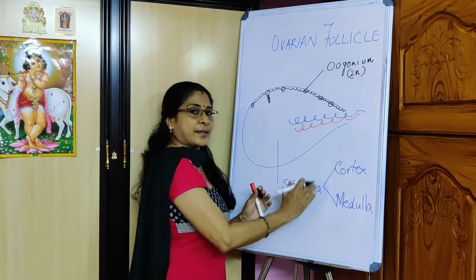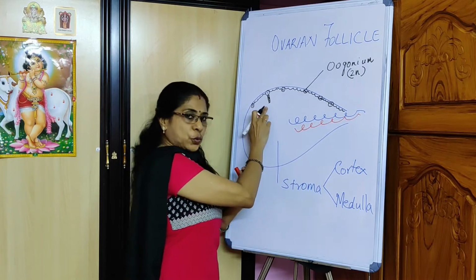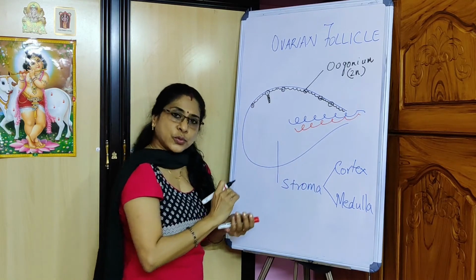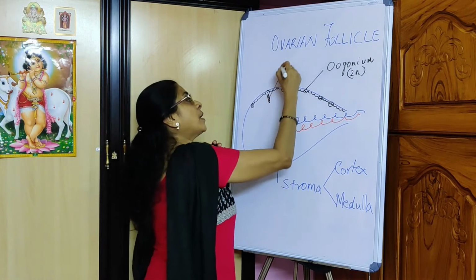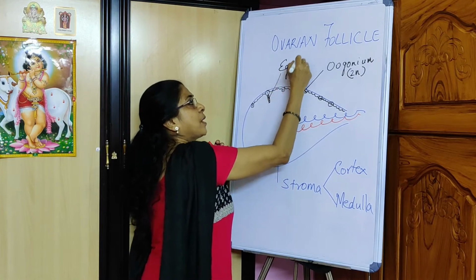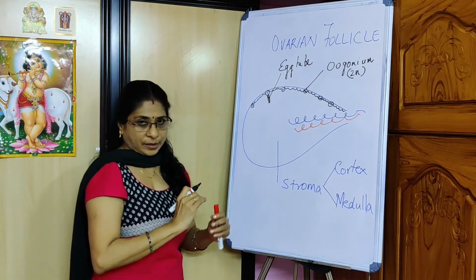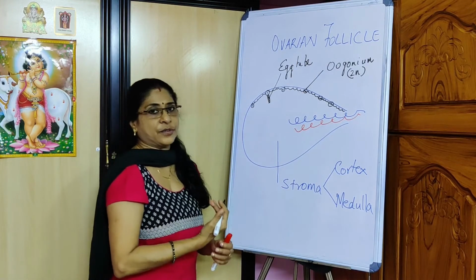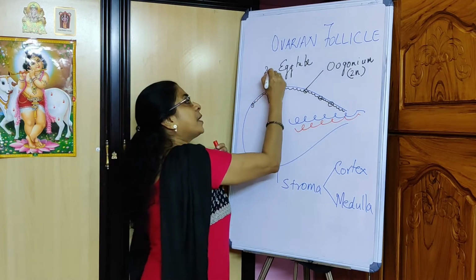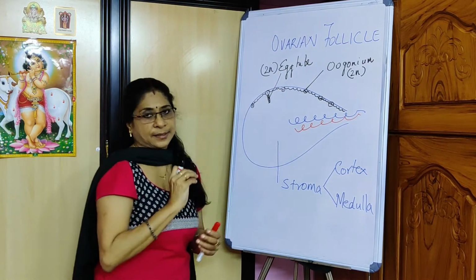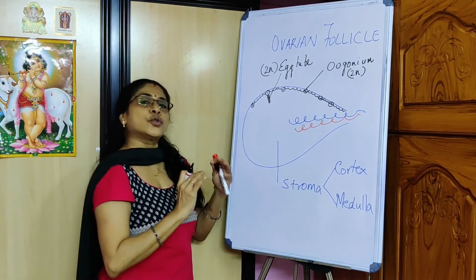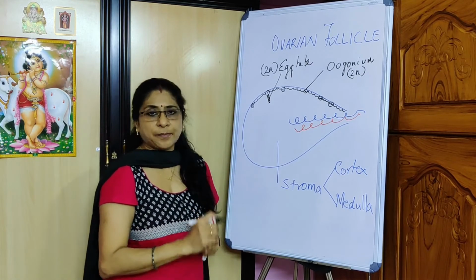I am sure you recollect that. This tube which projects into the stroma is known as the egg tube. Since it's a mitotic division, all the cells of the egg tube would definitely be diploid.